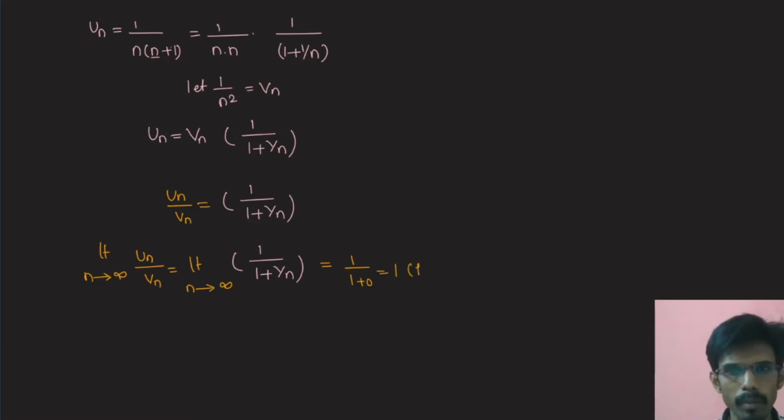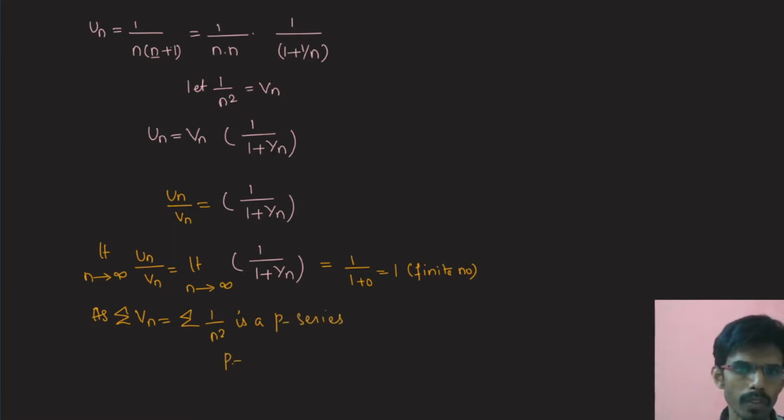A finite non-zero number in comparison test. So sigma Vn, which is 1 by n square, is a p series with p value 2, that is greater than 1, so sigma Vn is convergent.